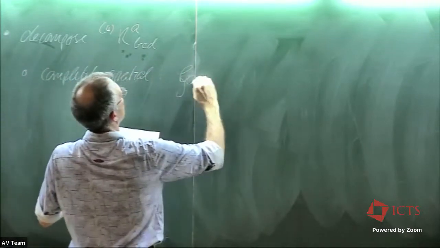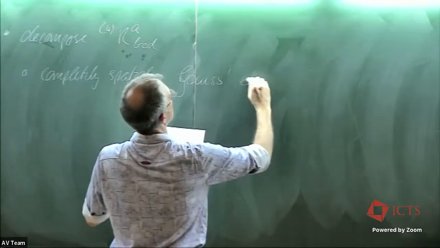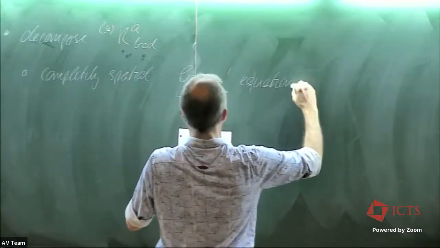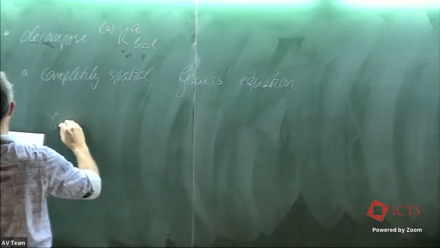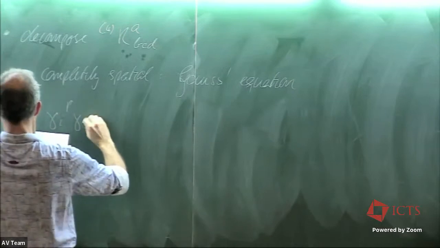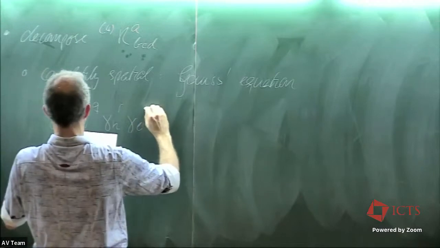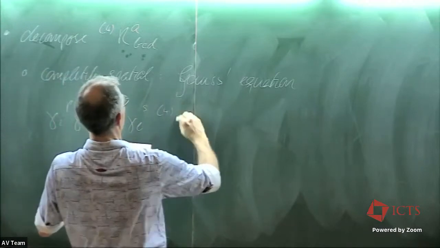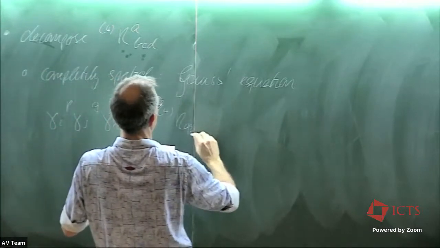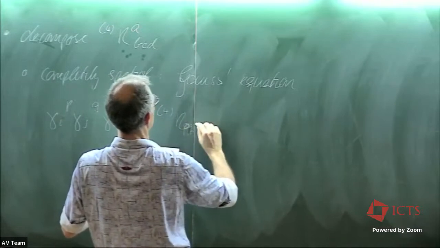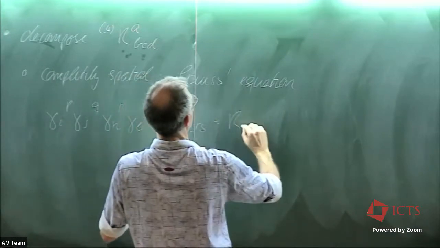That gives me what is known as Gauss's equation: gamma IP, gamma JQ, gamma KR, gamma LS times R PQRS equals R IJKL.